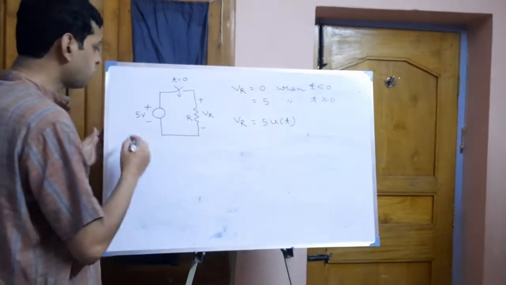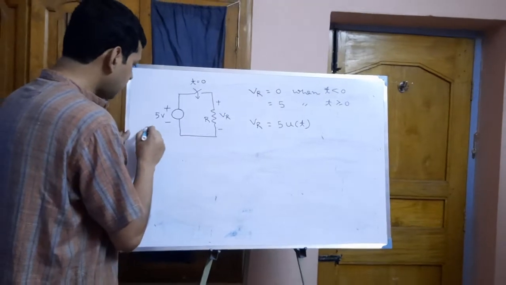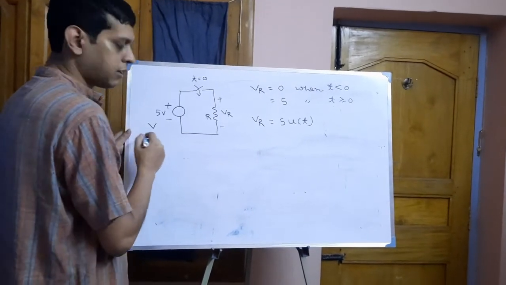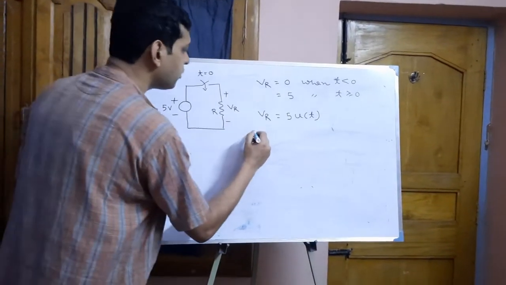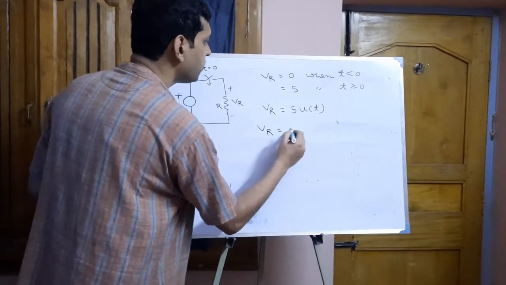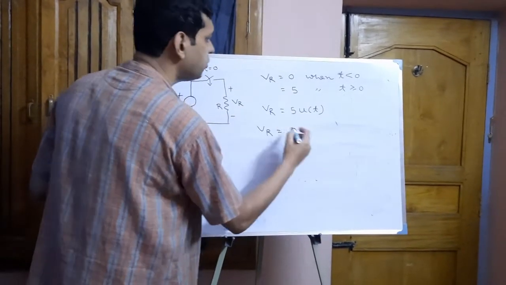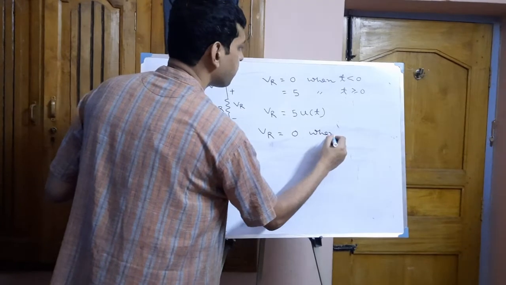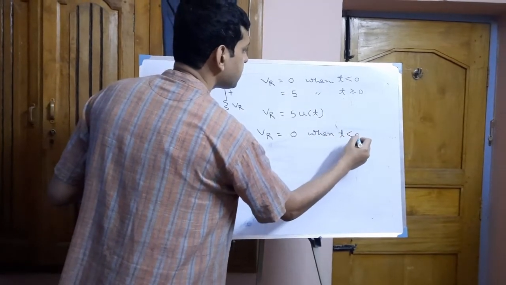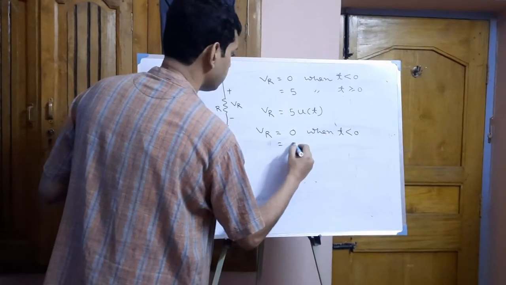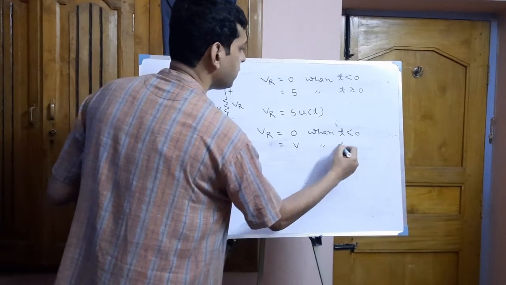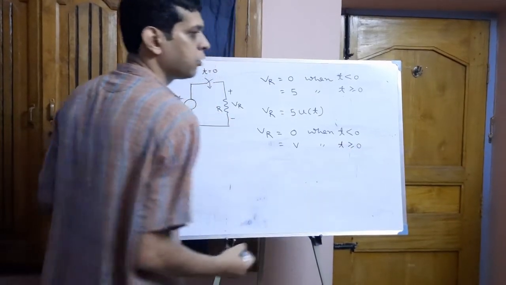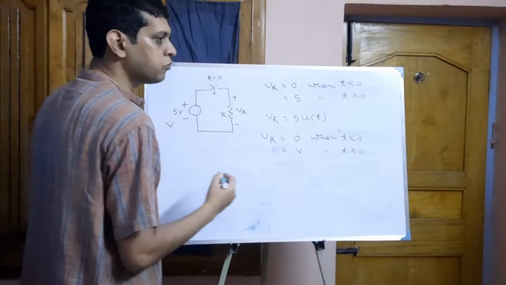Okay. Now say the voltage is V here. So VR equal to what? VR equal to 0 when t less than 0. VR equal to V when t greater than equal to 0. The switch is closed at t equal to 0.